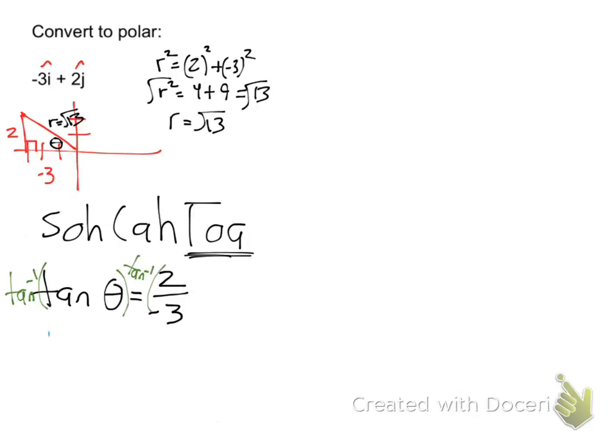Squeeze it in there, because I don't want to see it at the end. It's a function of that ratio. So therefore, I do not want to do a coefficient on the inverse tangent. That means something completely different. We should know that the inverse tangent and the tangent will cancel. You're left with theta equaling the inverse tangent of 2 over negative 3.